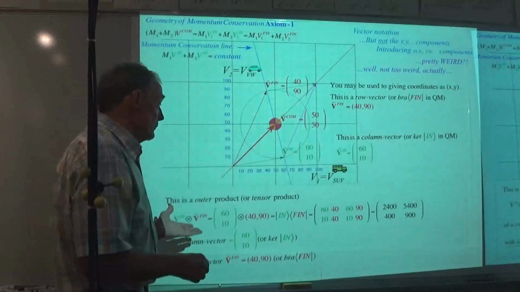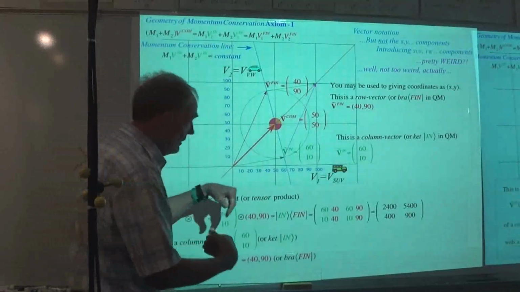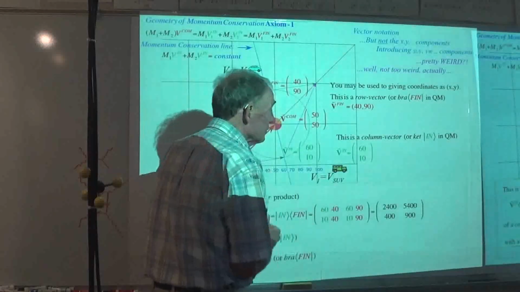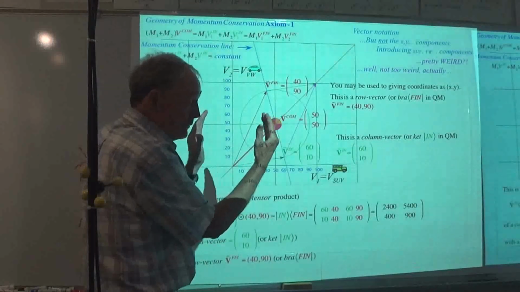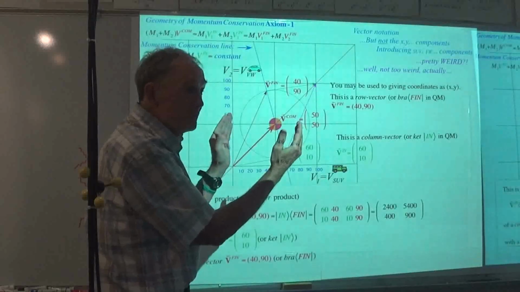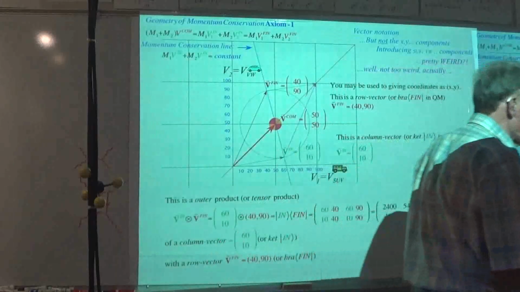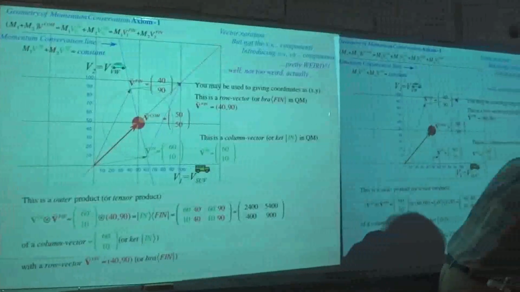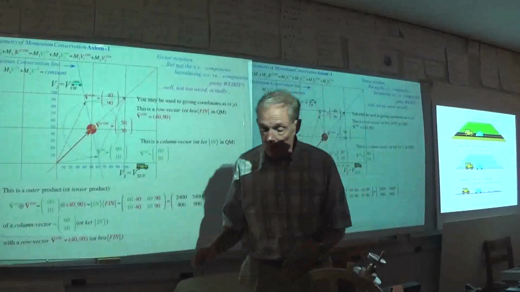But this is something you do all the time. You make quantum operators. They're all made out of ket-bras, whereas the scalar products are made out of brackets, and that's where the name comes from, bracket. All right? Okay, so I want to make use of that in the problem that we're doing.